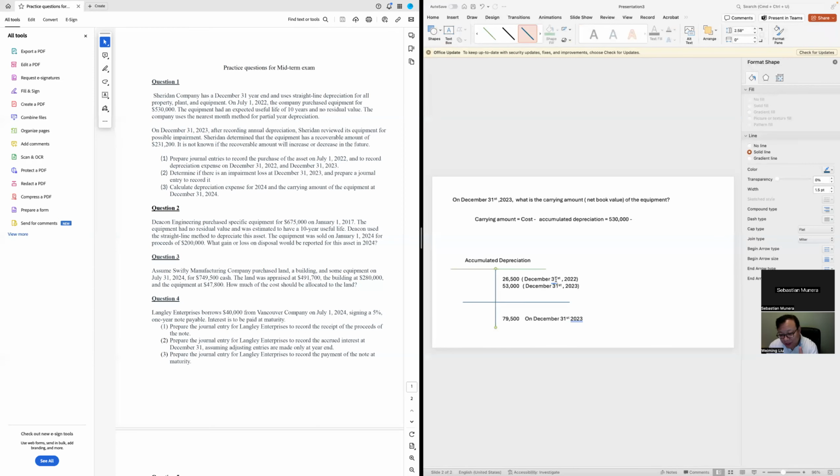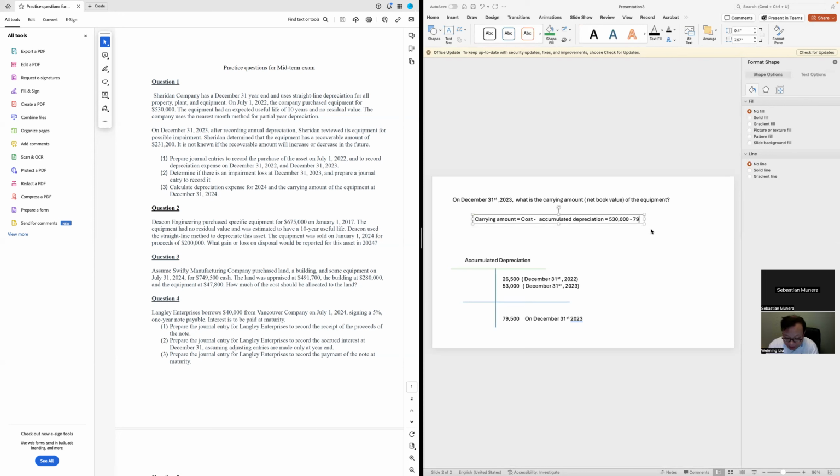One is the December 31st, 2022 adjusting entry, where you credit this account for 26,500. And for December 31st, 2023, you credit this account for 53,000. Because this is cumulative depreciation, in total, up to December 31st, 2023, you have recorded cumulative depreciation of 79,500.